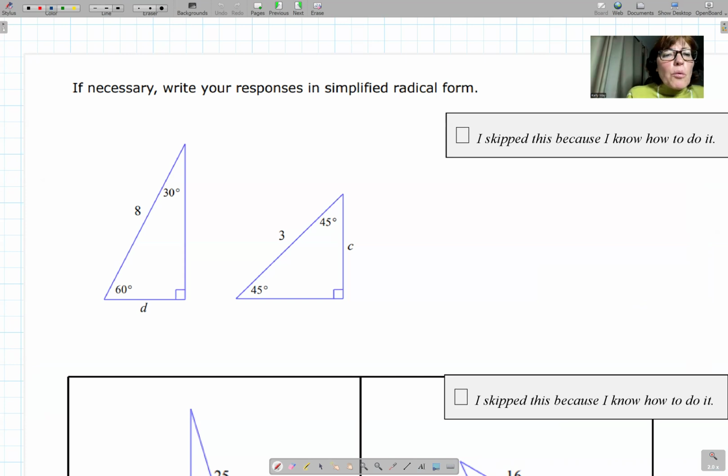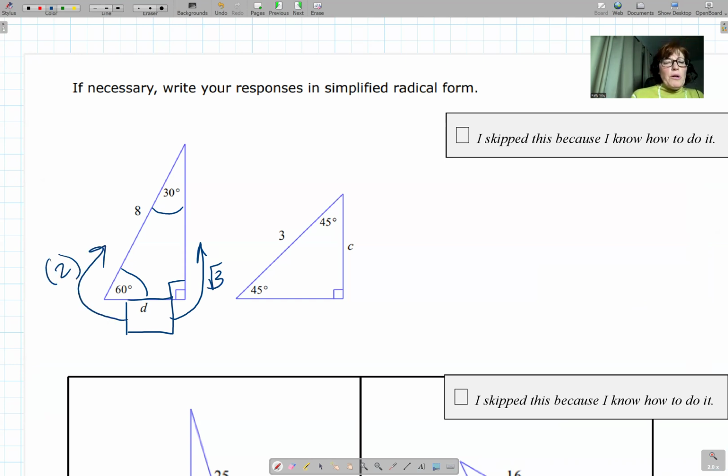Ready, nice and slow. 30, 60, 90: short leg, root 3, short leg times 2. So this reads something times 2 is 8. And of course, that something is going to be 4. And then if you needed this side, you would multiply by root 3, so it's just 4 root 3. And you're done.